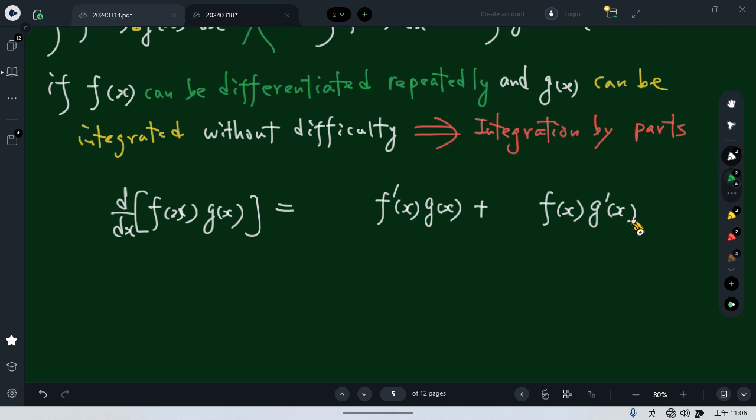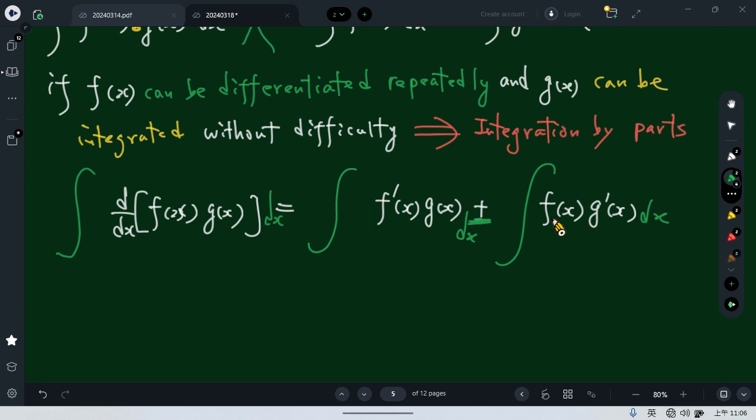Then we integrate both sides, right? Because there is addition here, we can separate it like this and keep the equation whole.